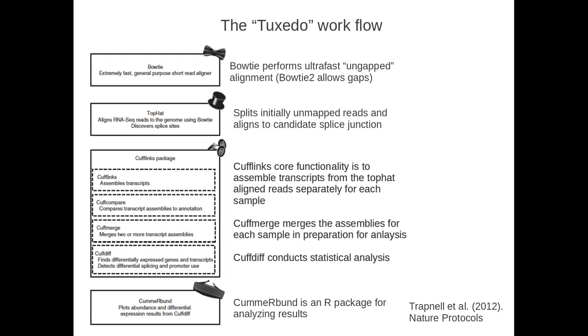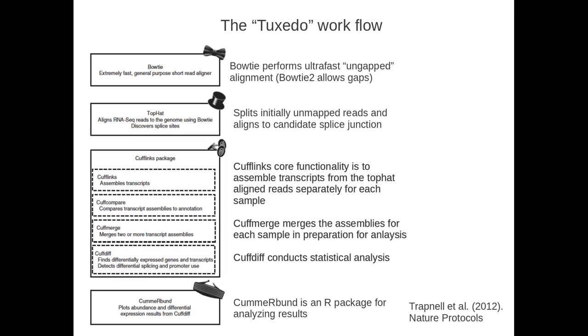Top Hat generates a BAM alignment, which we then use various downstream tools to assess the various transcripts that are present in the alignment and independently derive read counts for each different transcript in the genome.